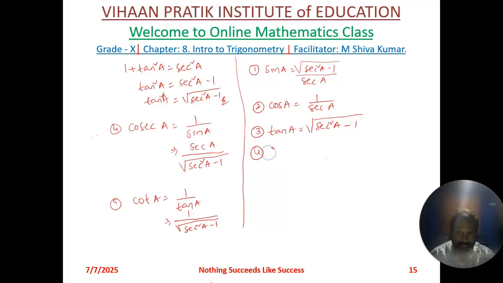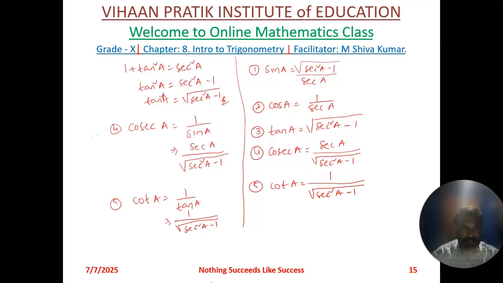Fourth one is cosecant A, which is the reciprocal of this: secant A divided by square root of secant square A minus 1. The last one is cot A, which is the reciprocal of tan, 1 by square root of secant square A minus 1. Okay students, very simple.